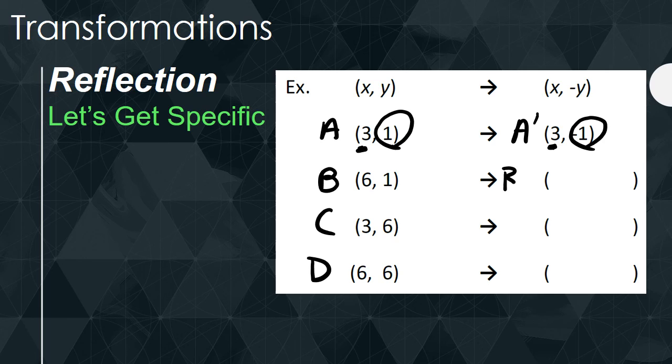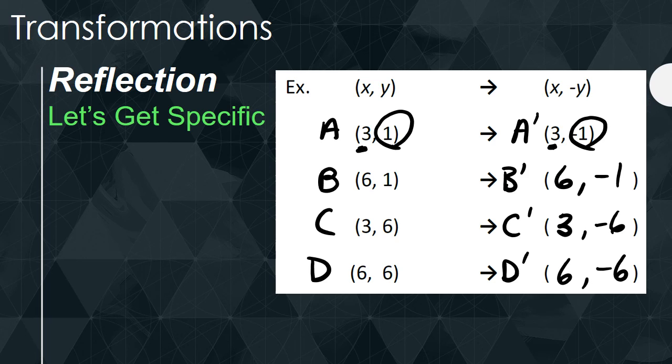To get B prime, our x-coordinate stays the same, and our y-coordinate is the opposite. For C prime, if we're flipping across the x-axis, remember, the x-coordinate stays the same, the y-coordinate changes. And for D prime, our x-coordinate stays the same, and the y-coordinate changes.